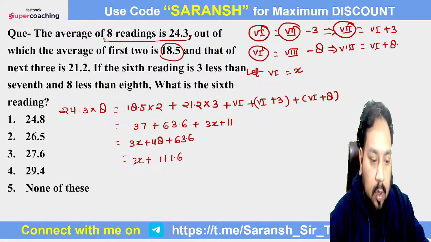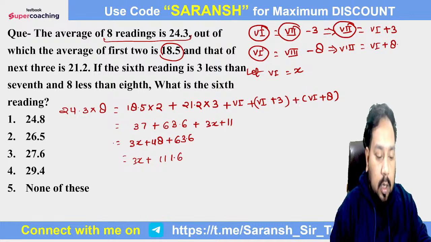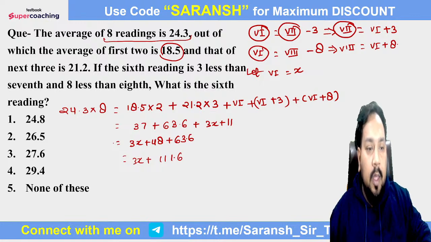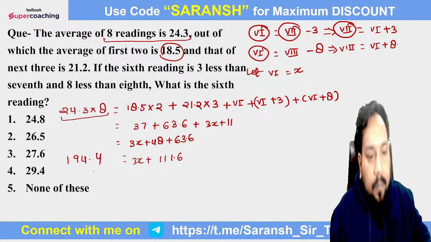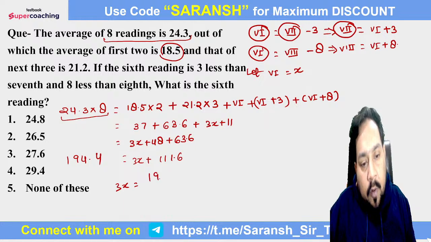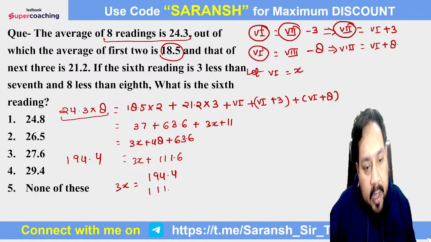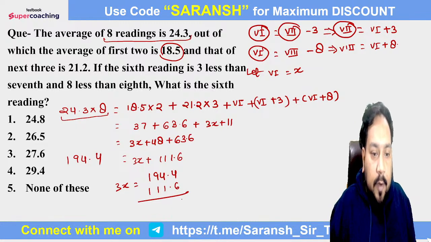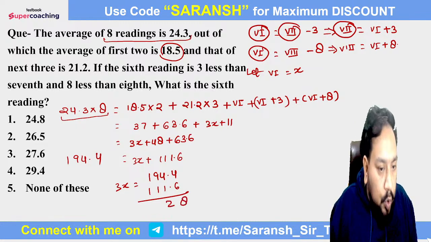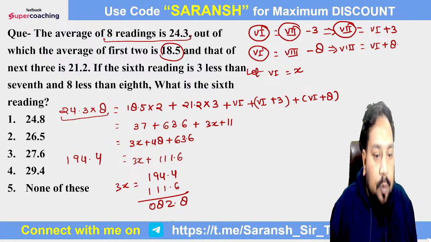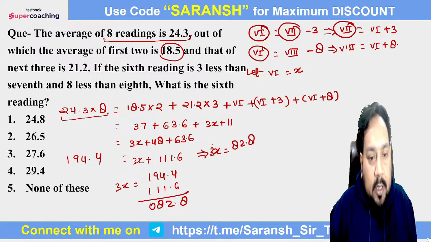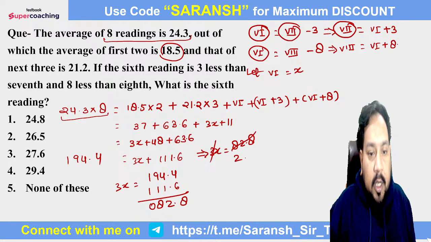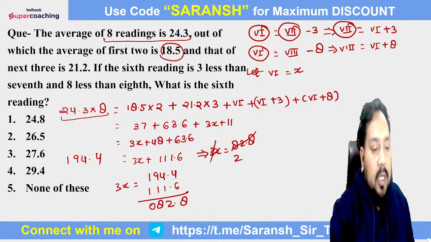Now see, the total of 8 readings will be 194.4. Now just calculate 3x will be 194.4 minus 111.6. That is 14 minus 6, 8. 3 minus 1, 2. That is 8. And that is 0. It means 3x equals 82.8.